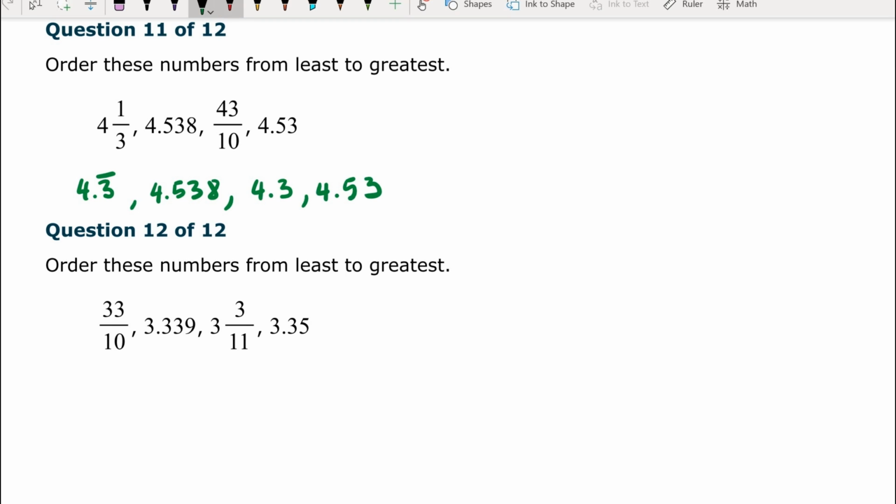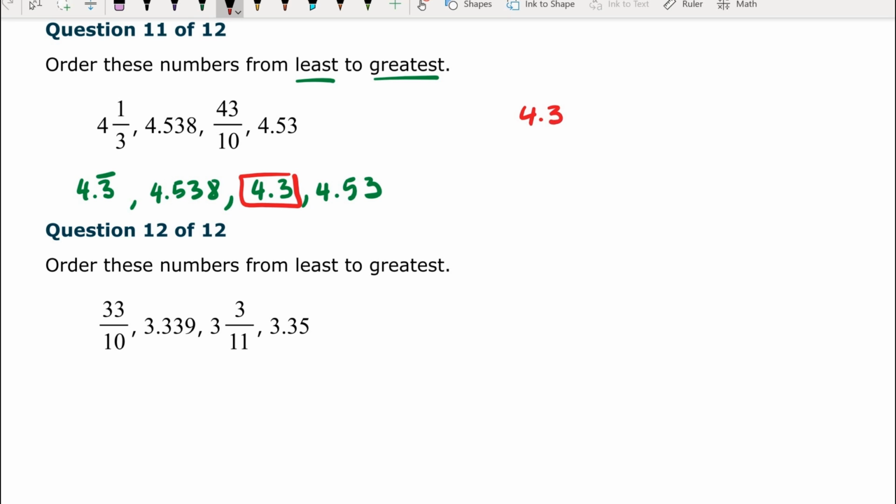Now we're going to put them in order from least to greatest. What number is the smallest one? The smallest one will be 4.3, because the other one is 4.33333. It's just like 4.33 is bigger than 4.3.